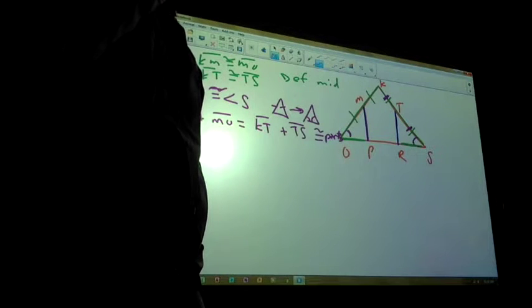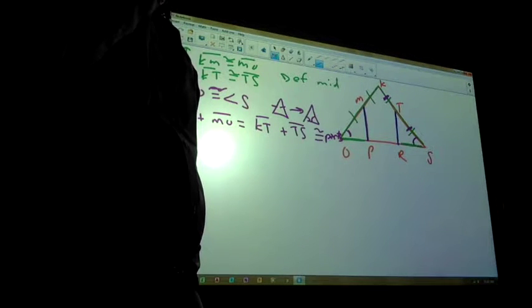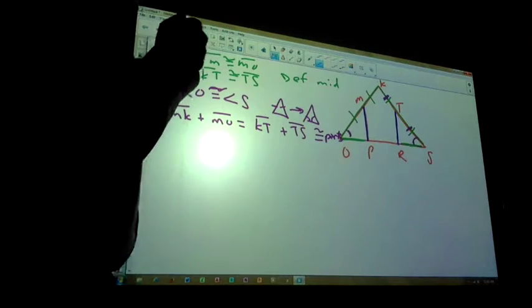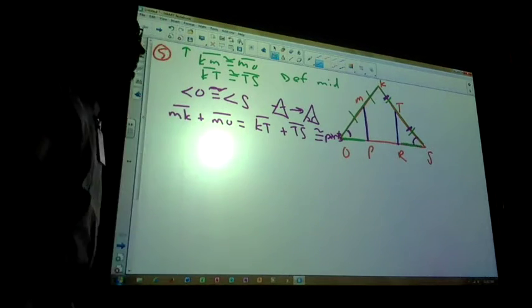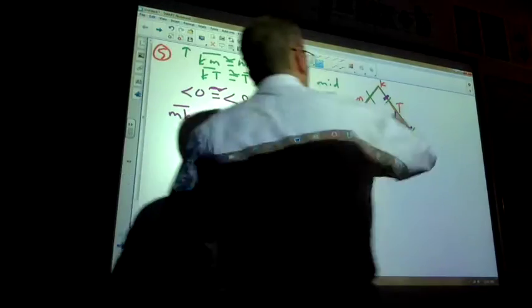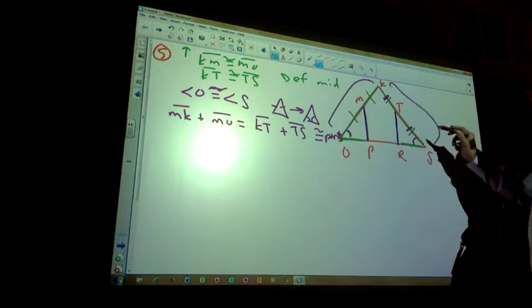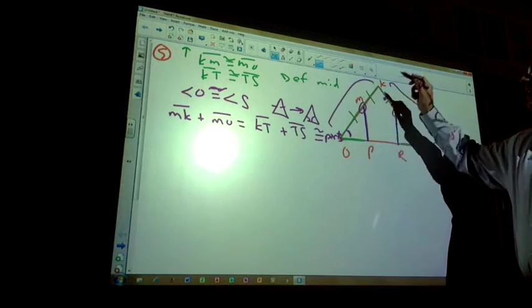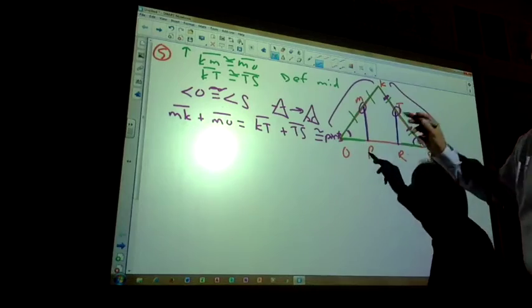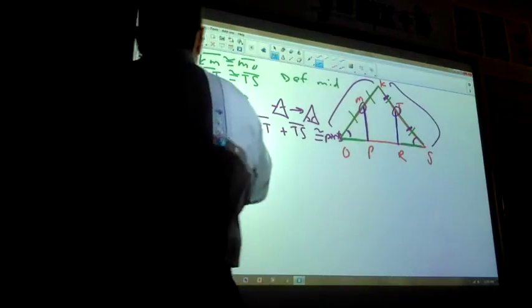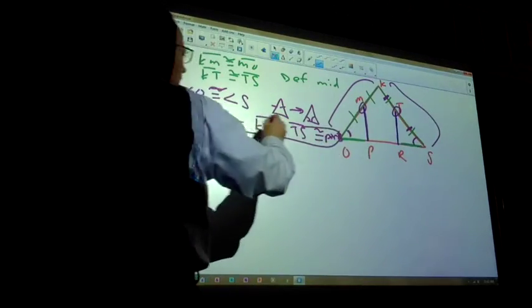Because they told us that KO and KS are congruent. I think being that we knew that from here to here is congruent to here, and then we had the midpoints, that by parts has to say congruence. I don't even know if this is necessary. I don't think we need this.